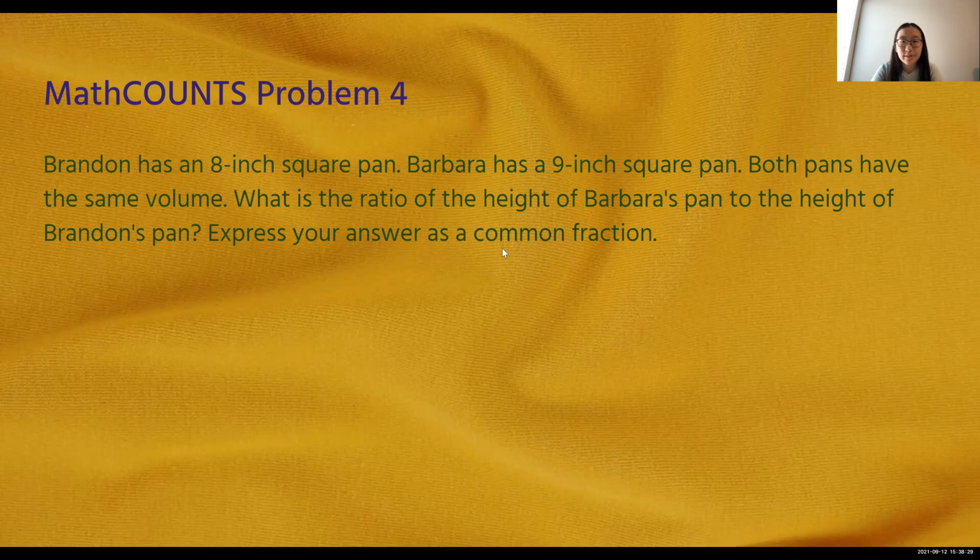And you should express your answer as a common fraction. Make sure to type your answers in the chat when you get them.